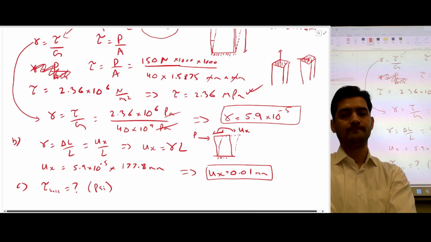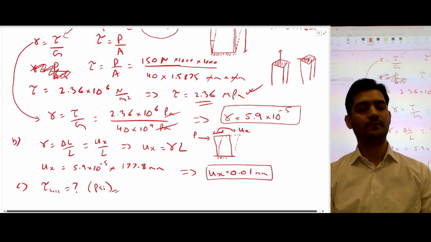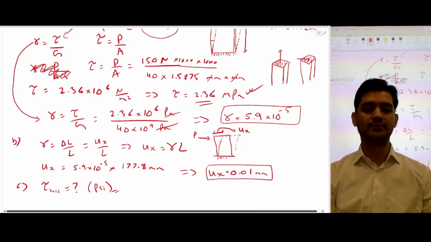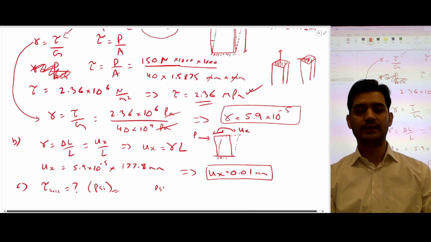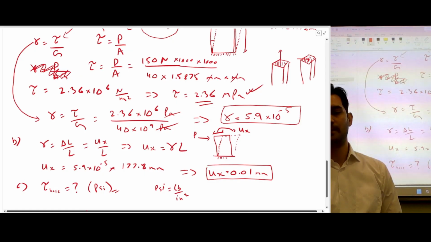So that's basically going to be the same force. But that's in megapascal. They want us to calculate in PSI, which is pound per square inch. PSI is basically pound per inch square.